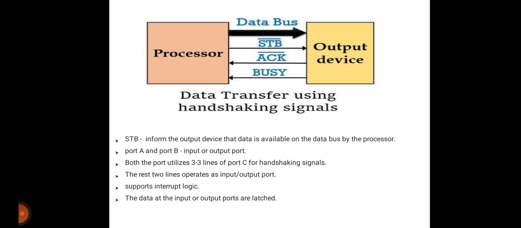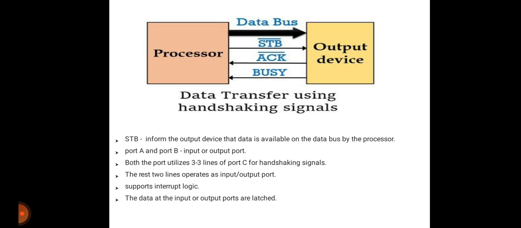This is data transfer using handshaking signals. First of all, STB. STB means what? This signal is used to inform the output device that data is available on the data bus from the processor. The next one is port A and port B. These can be separately configured as either input or output port, and both ports utilize three lines of port C for the handshaking signals.